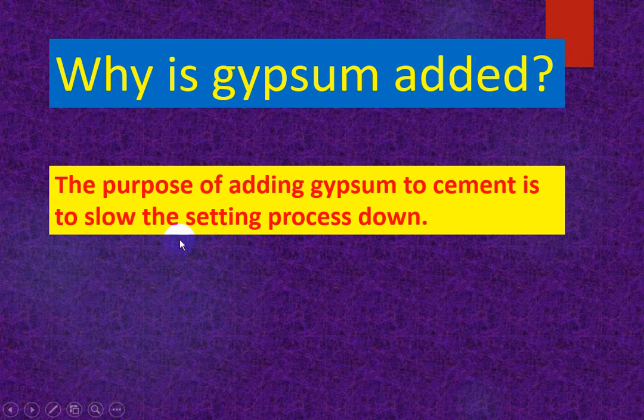For this reason gypsum is added: to slow down the setting process, so solidification becomes slower.